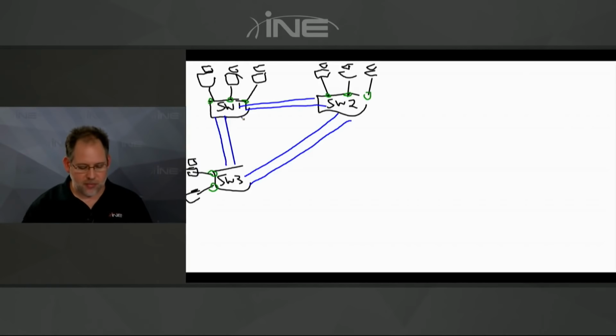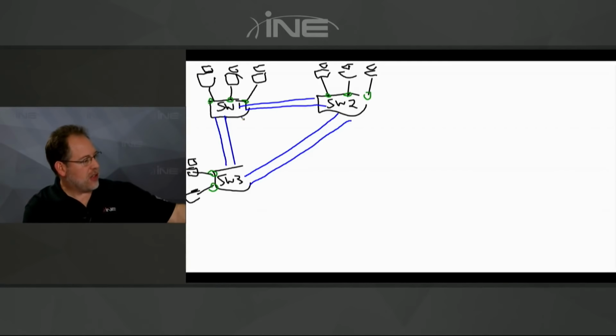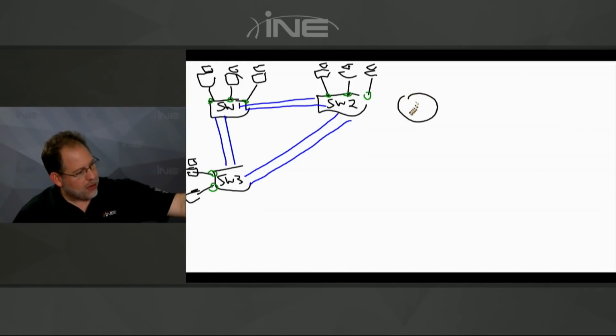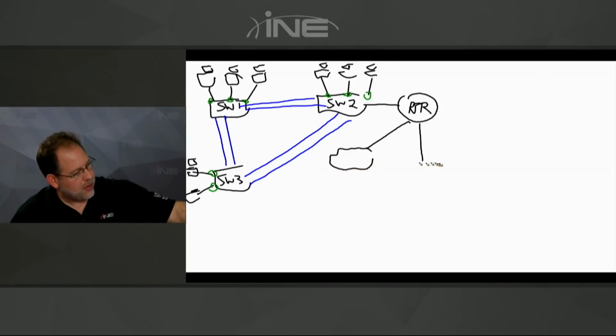Now, routing has to do with, let's say that this is all in one building, and I have a router right here, which is connected to other sections of my building. We'll put a little cloud here, maybe this is building 2, and maybe this is building 3.